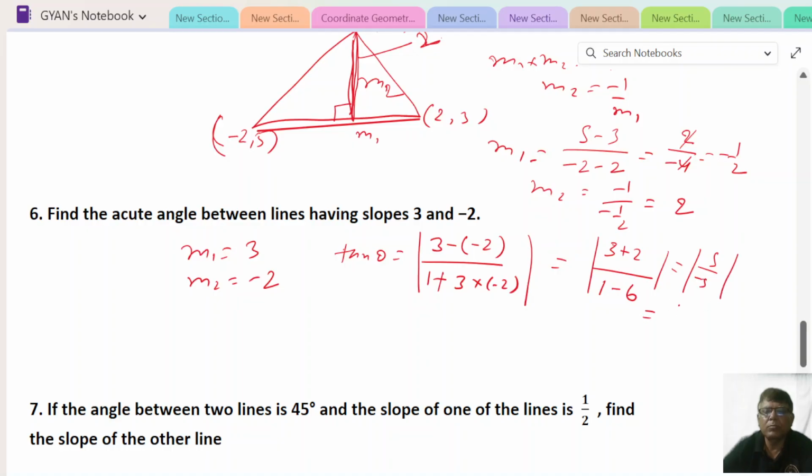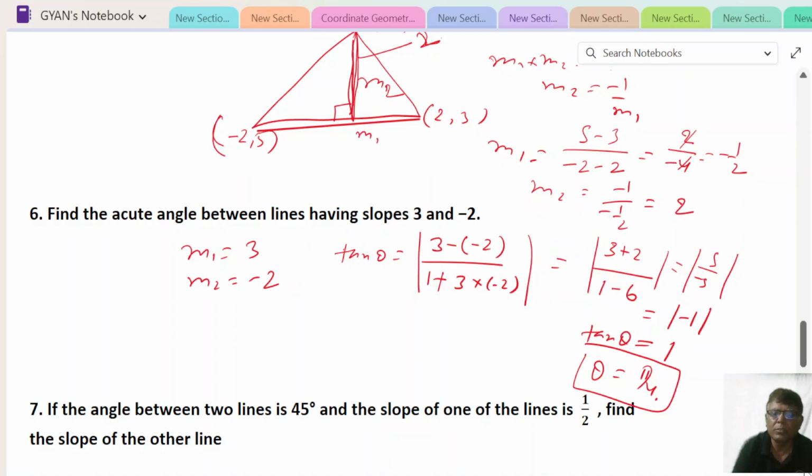That is equal to minus 1. So the mod of this is 1. So tan theta is equal to 1, then theta is equal to pi by 4. This is the answer, as the question is asking for the angle.